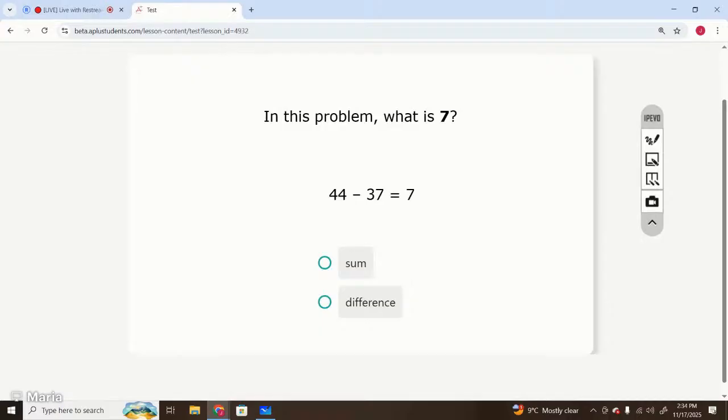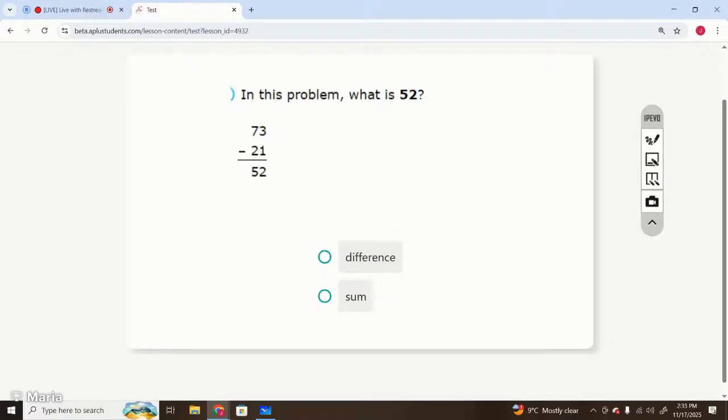In this problem, what is 7? 44 minus 37. So we are subtracting, right? When we are subtracting, the answer is known as the difference. So 7 is the difference of 44 and 37. In this problem, what is 52?